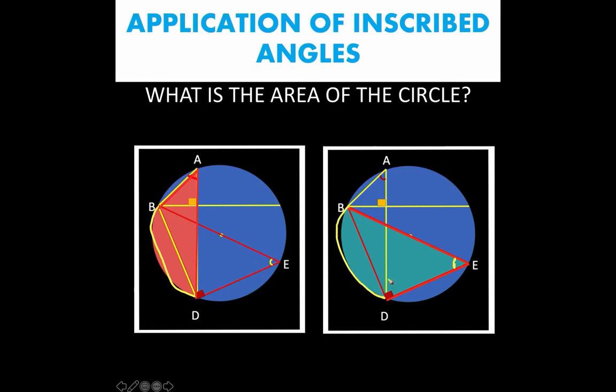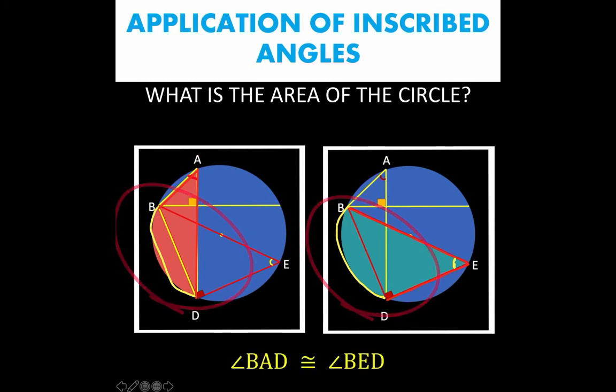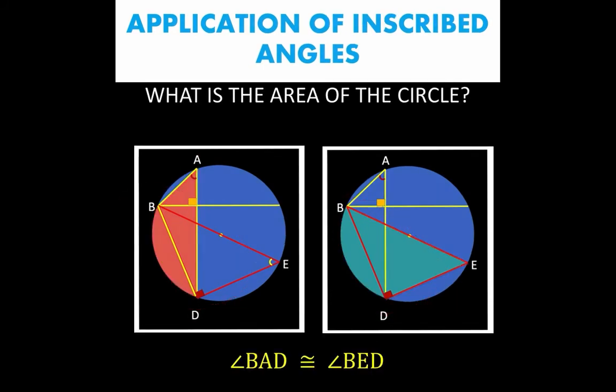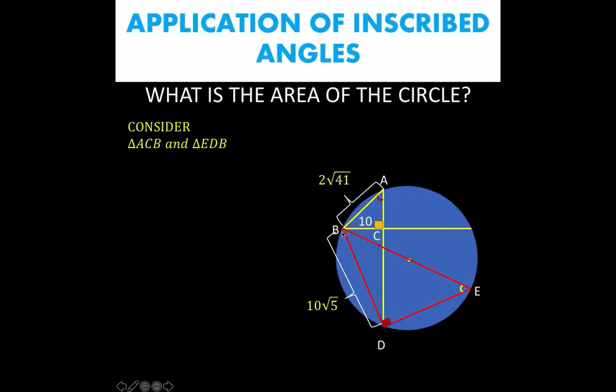Since both these angles, angle BAD and angle BED, intercepted the same arc BD, then our conclusion is that these two angles are congruent from the corollary of the inscribed angle theorem. And so, we are now ready to compare triangle BAD and triangle BED by noting some of those congruent angles.